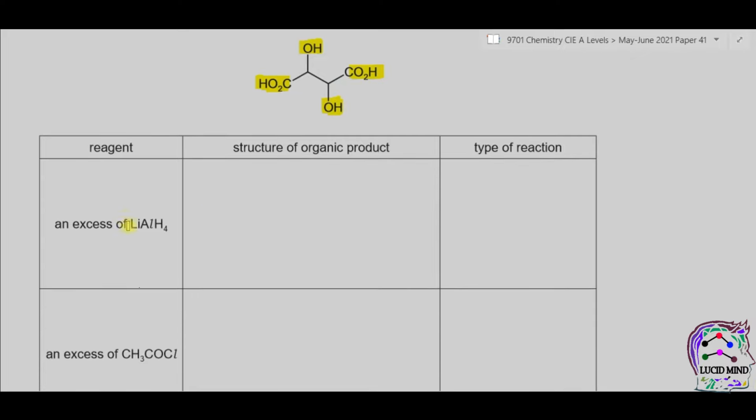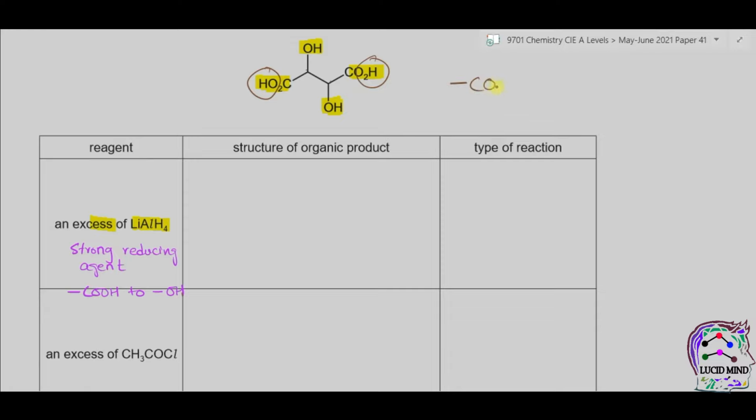First one is the reaction with excess of LiAlH4. Now we know that LiAlH4 is a strong reducing agent, and it can reduce carboxylic acid to alcohol. Now this carboxylic acid group and this carboxylic acid group will be converted into alcohol.